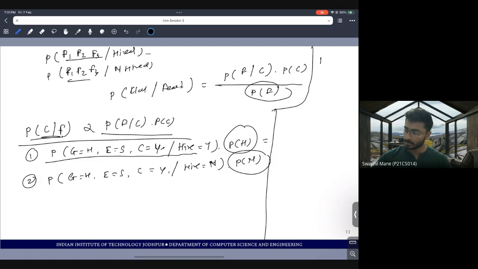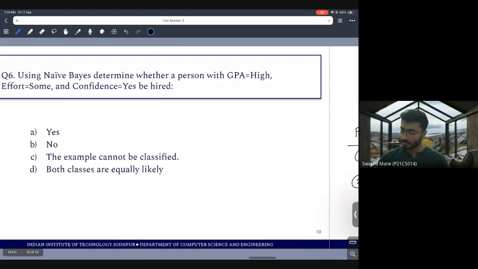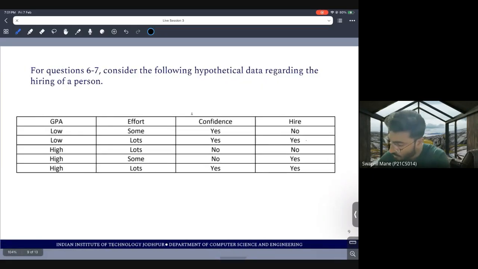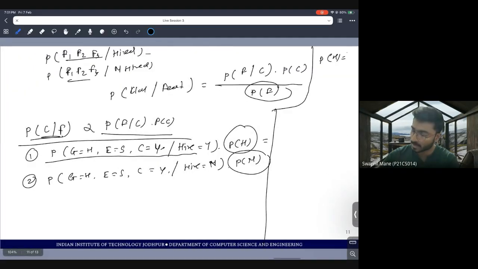Here I can save the space. For the hired probability, we need to find how many times it is yes: 1, 2, 3 out of 1, 2, 3, 4, 5, yes, 3 times yes. So the hired probability is 3 divided by 5, right? And not hired is 2 divided by 5. I hope you guys understood till now, right?